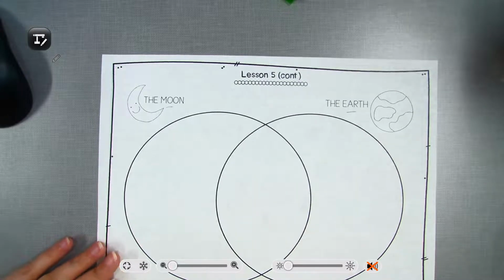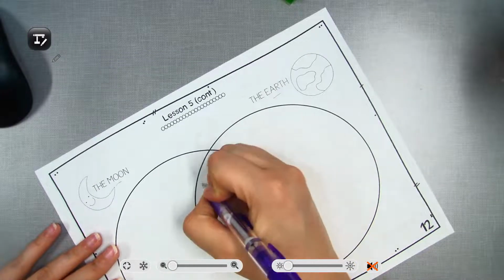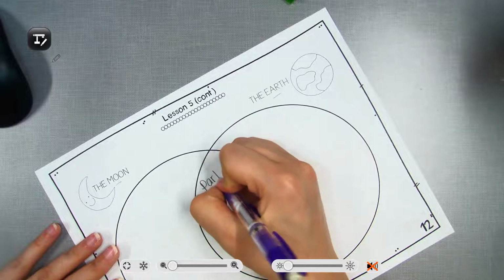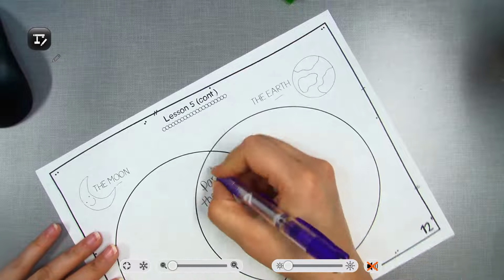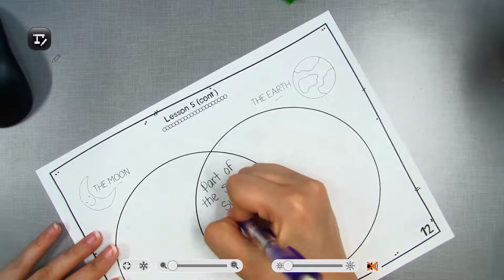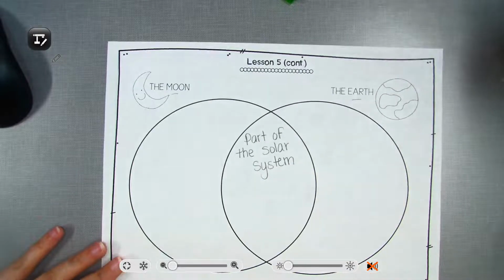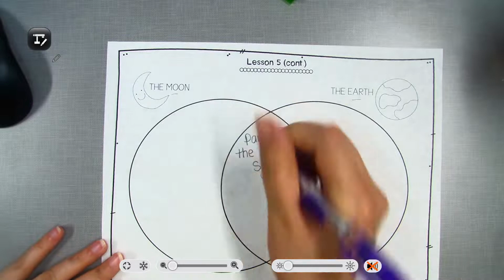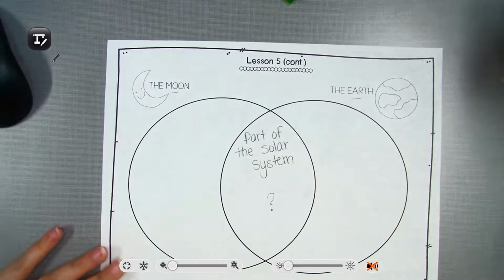So one of the things that they have in common is that they are both part of the solar system. Okay. And then I want you to think of one more thing to put in there.